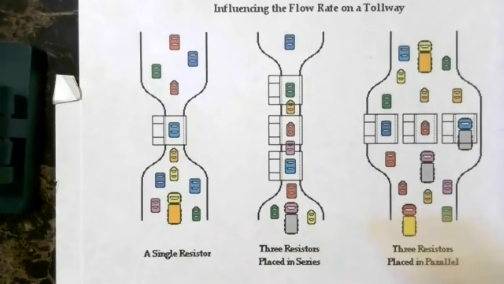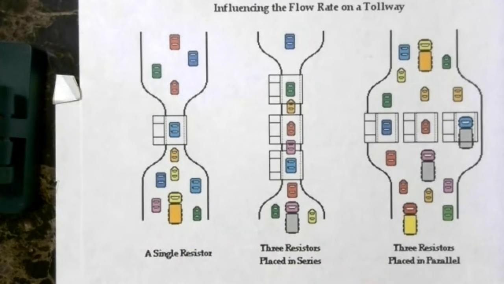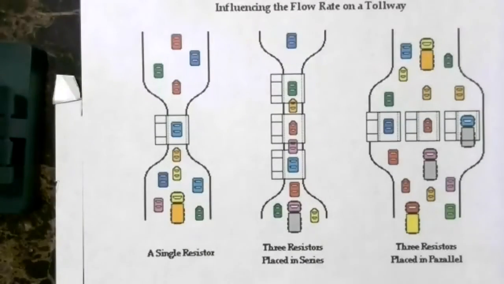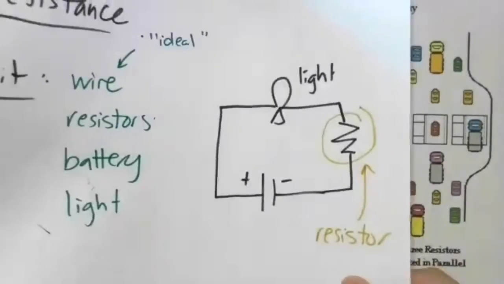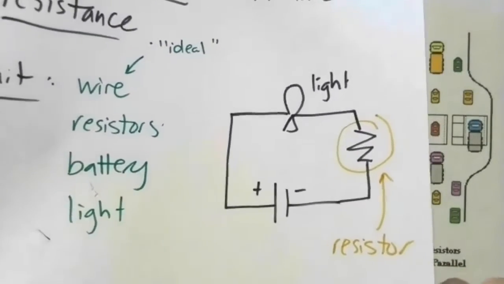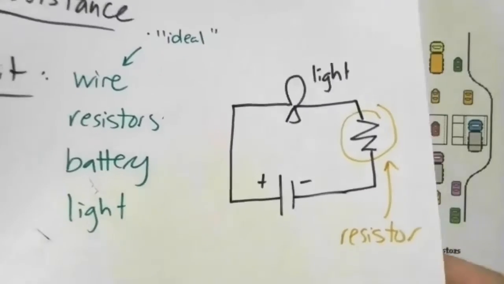Let's say we are looking at our simple circuit where we just introduced 1 resistor into it. So that example was like this, right? How many different ways can you arrange this resistor in a single lane on a highway?